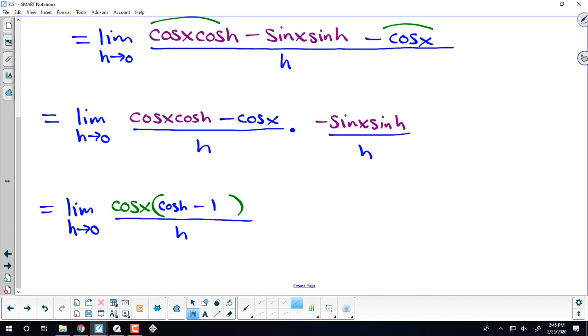Remember, when we compute the limit of a product like this, the limit does distribute over the product. It's the derivative that does not, but a limit does. So this is also multiplied by the limit as h goes to 0 of minus sine x, sine h all over h.